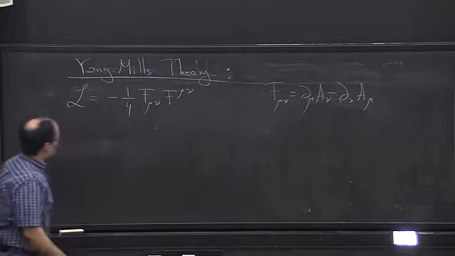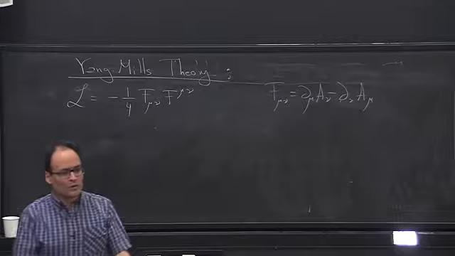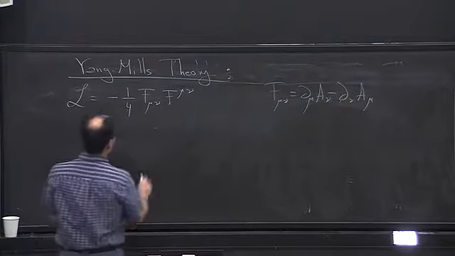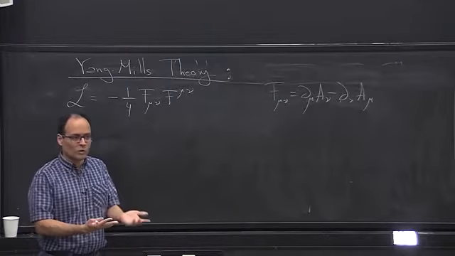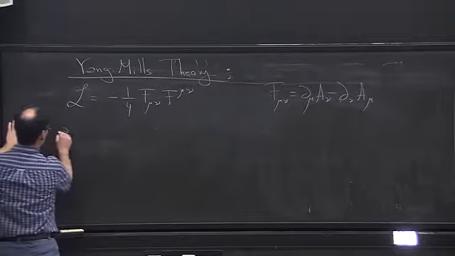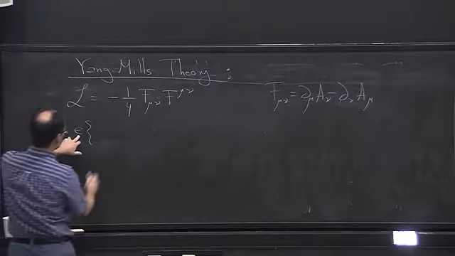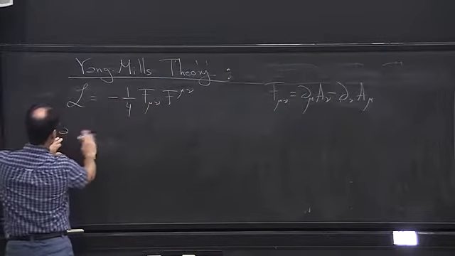Now, Yang-Mills theory is nothing but a theory of a bunch of photons that are allowed to interact with each other. So we need an index to tell us which photon we are treating. So we're going to introduce some number of photons. This is an object that is going to characterize which particle we're looking at.